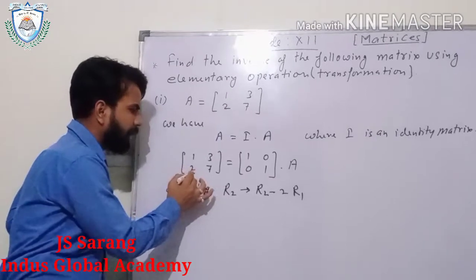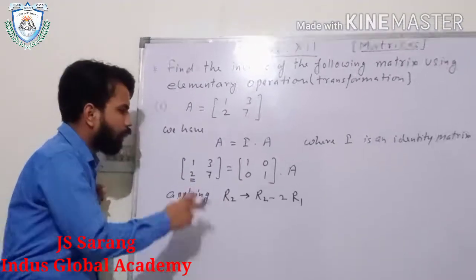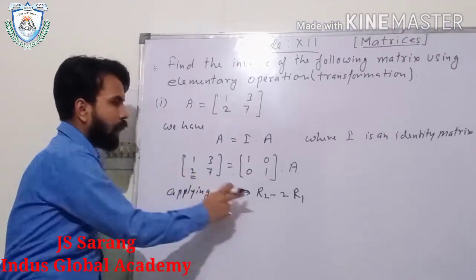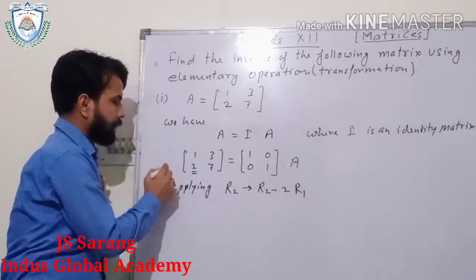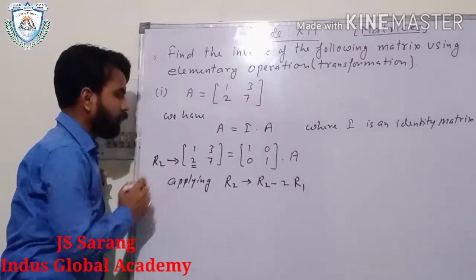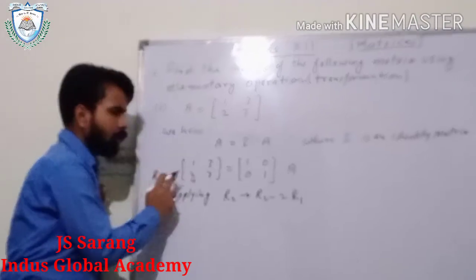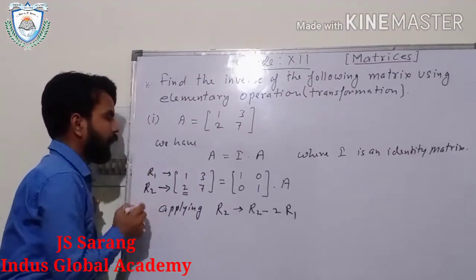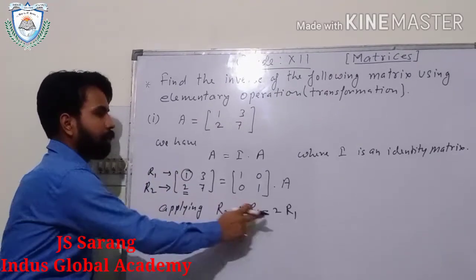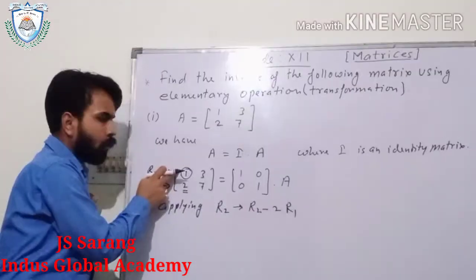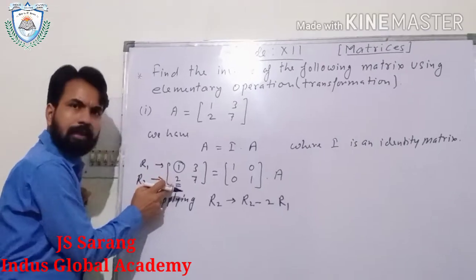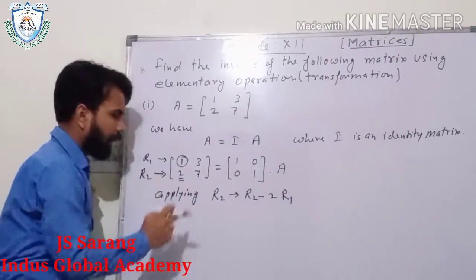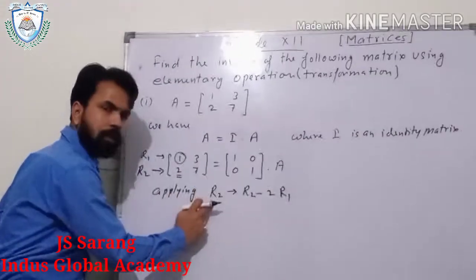So I want to make this element 0 first. How can we make this 0? R2 minus 2R1. This is the element of R2, and this is R1. If we multiply this element by 2, 2 ones are 2, and 2 minus 2 we will get 0 here. Understood?